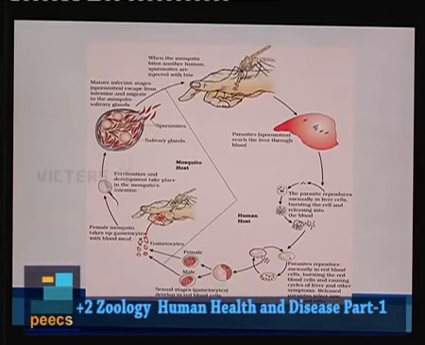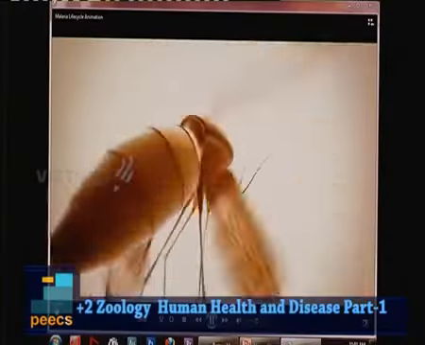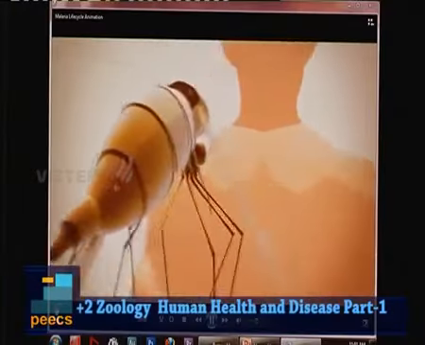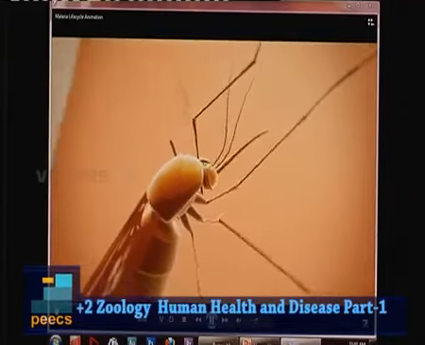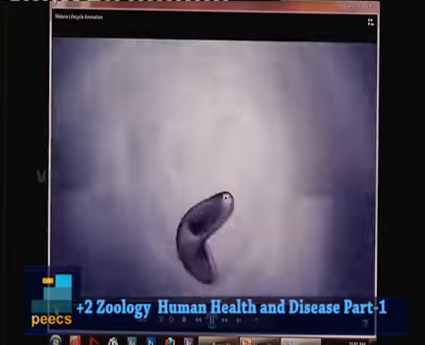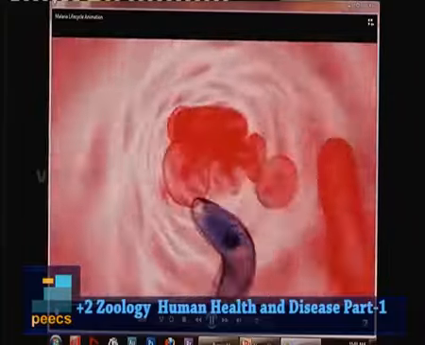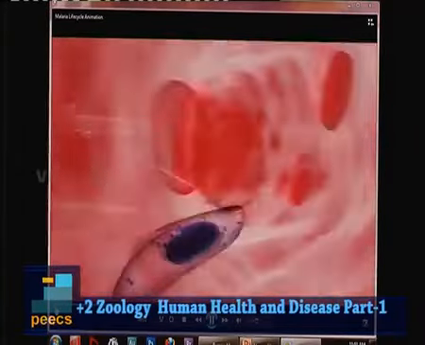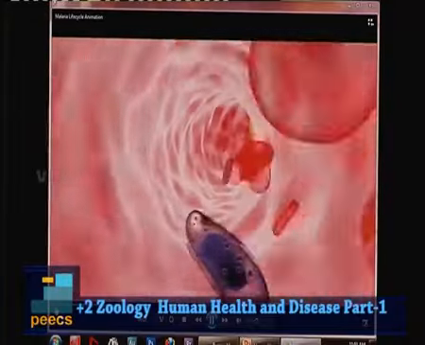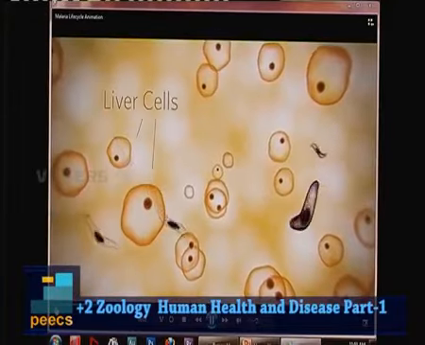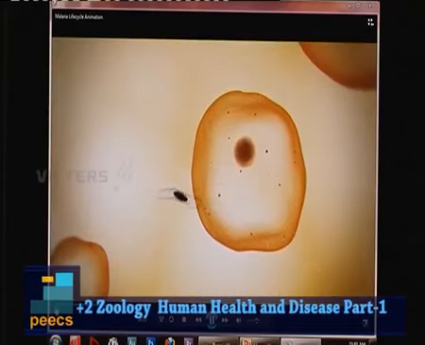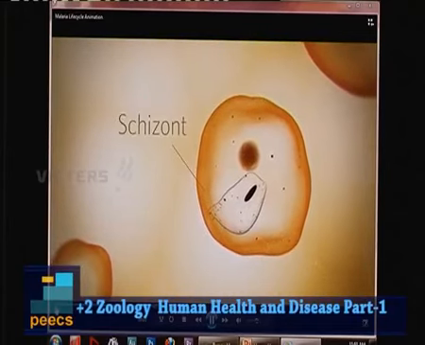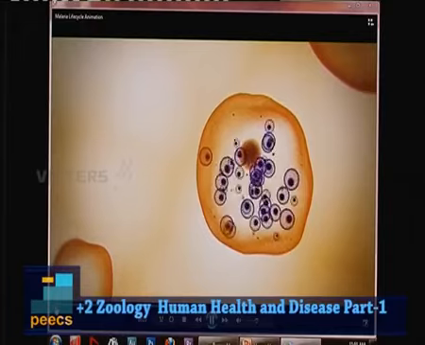Now, I am going to show you a video which will give you a clear idea about the life cycle of the malarial parasite. You can see here in this video, a mosquito is biting a healthy person and sporozoites are released. These sporozoites first enter the liver cell, and within the liver cell they will multiply by schizogony, and there will be release of cryptomerozoites.